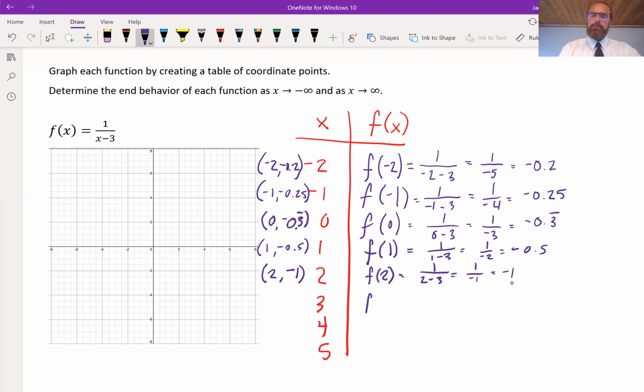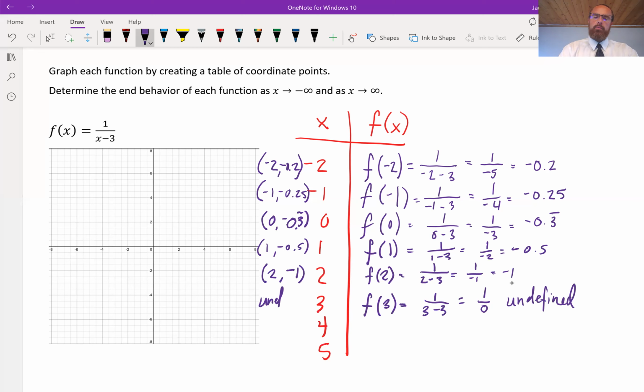Next x value is 3, so we'll calculate f at 3, which is 1 over 3 minus 3, which is 1 over 0. Now we have to think, am I permitted to divide by 0? No, not today. And we'll record that as an undefined point.